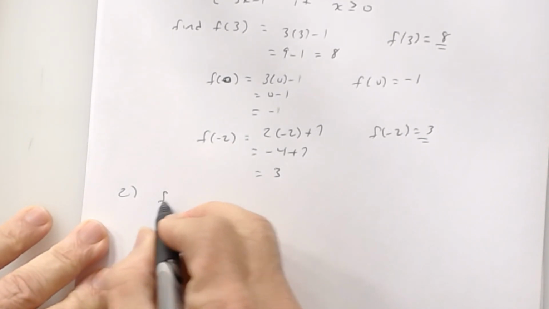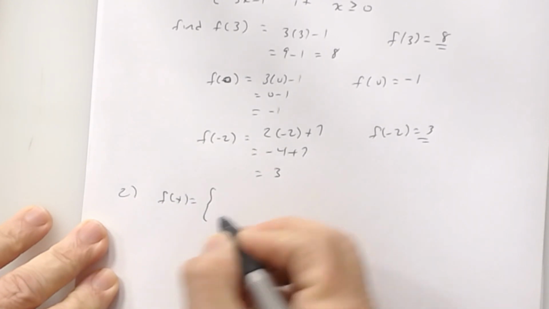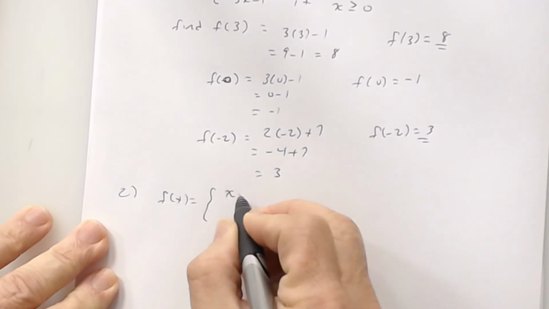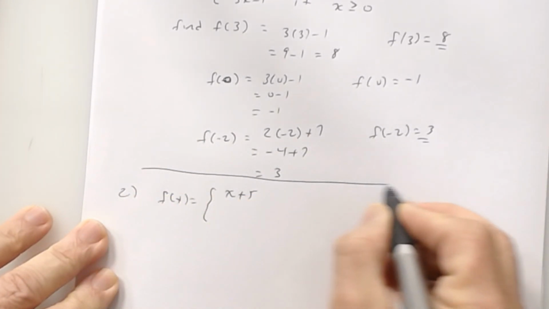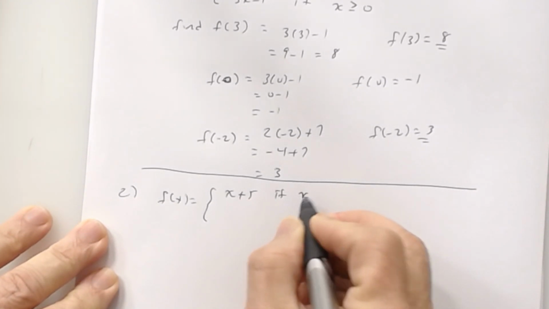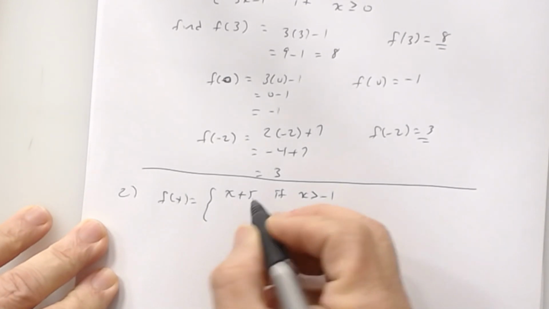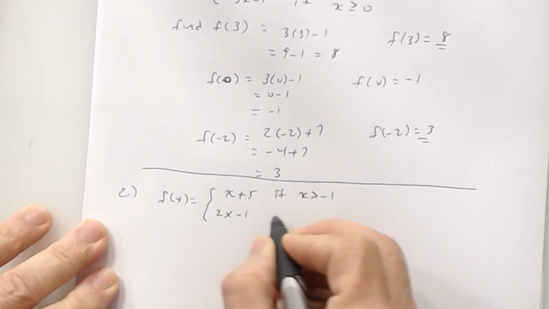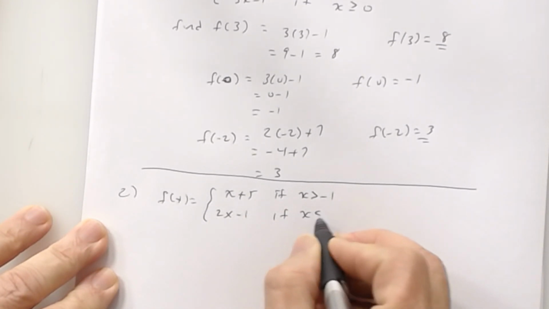All right, let's suppose that f of x is this piecewise function: x plus 5 if x is greater than negative 1, and 2x minus 1 if x is less than or equal to negative 1.